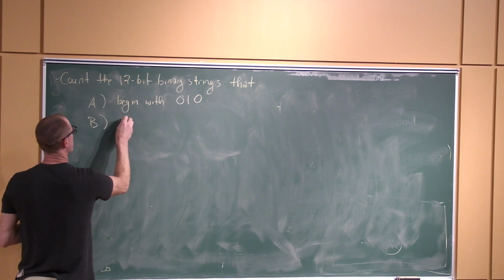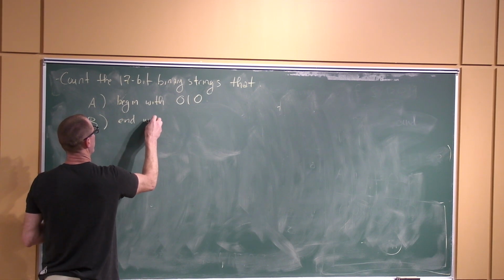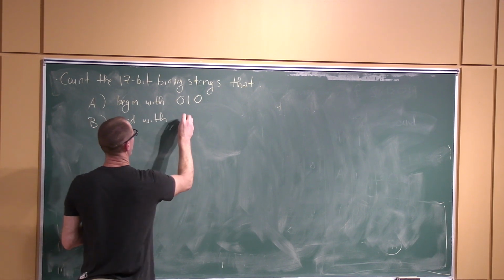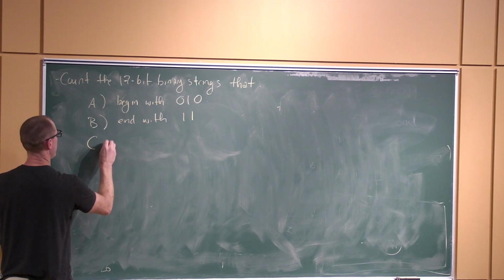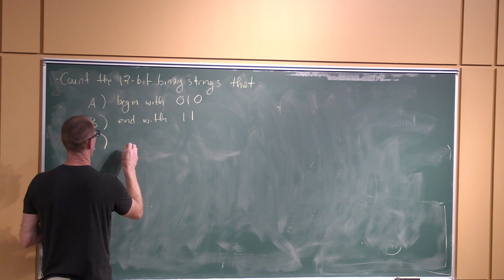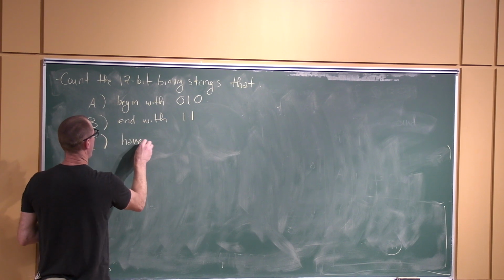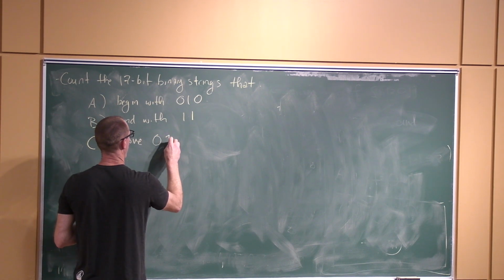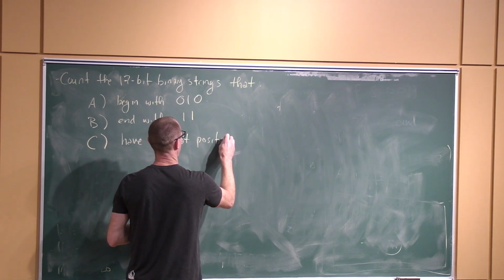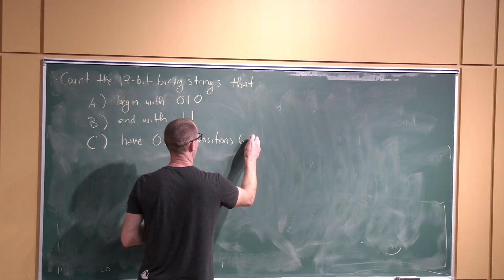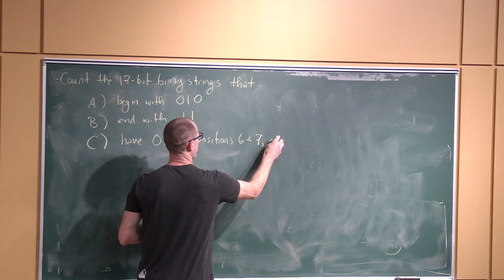B is end with 1, 1. Or C is have 0, 1 at positions 6 and 7, respectively.